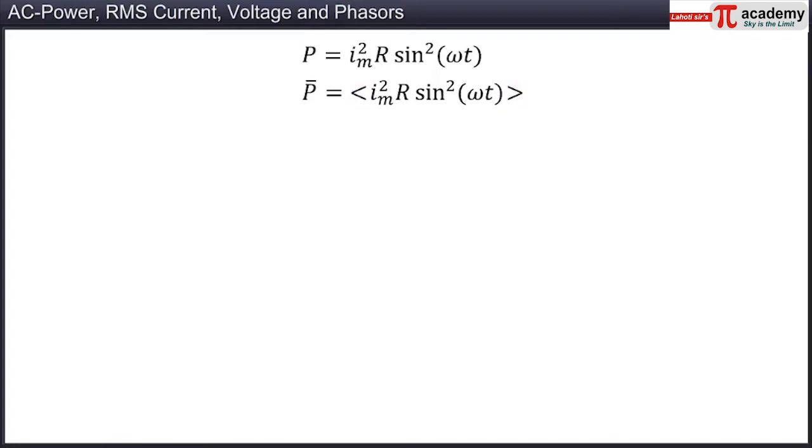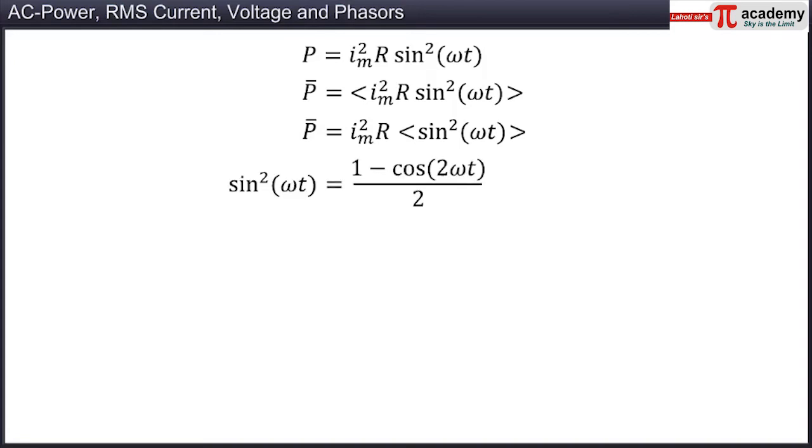As the quantities Im and R are both constant, we can take them out of the angular brackets while computing the average value of the expression. Now, we have to calculate the average value of sine squared omega t in order to compute the average value of the expression. For this purpose, we will use the trigonometric identity. Sine square omega t is equal to half of 1 minus cos 2 omega t.